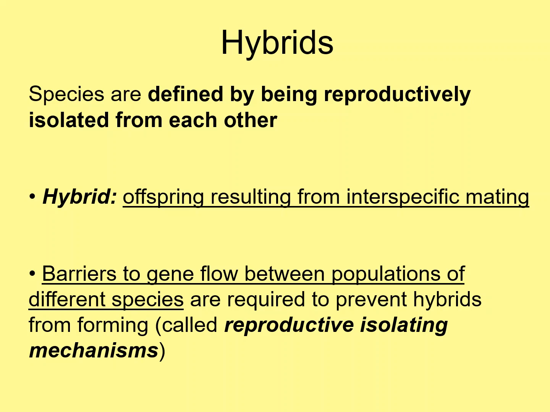So if we have enough isolating mechanisms in place, hybrids should not form. And even if they do, those hybrids should be not viable and should be infertile if those two species are indeed separate species, right? Because of course this is a bit of a continuum.